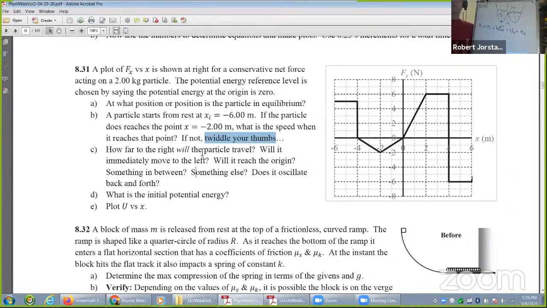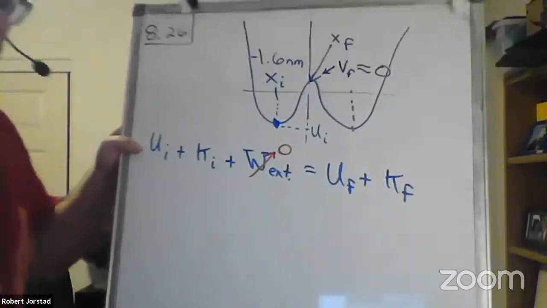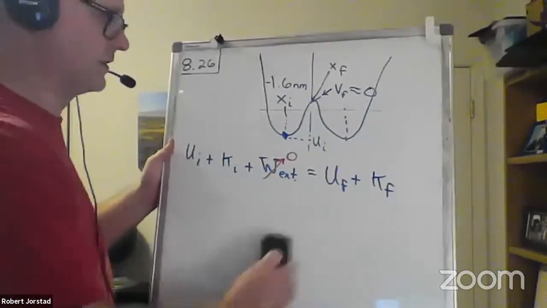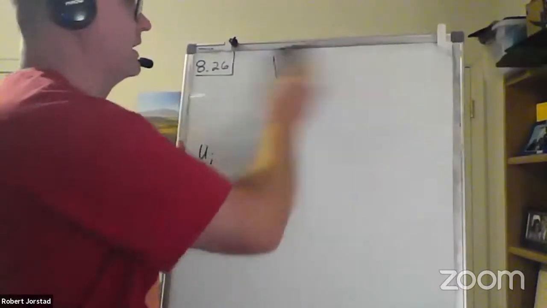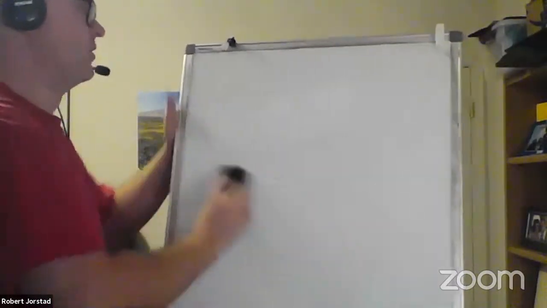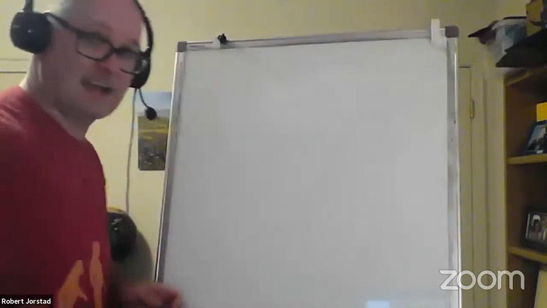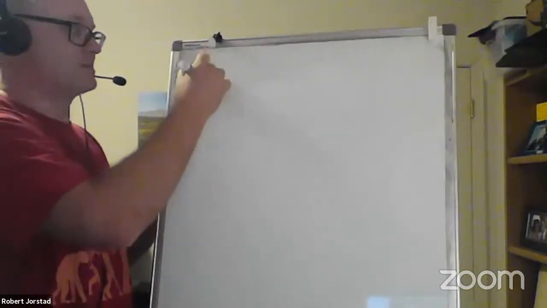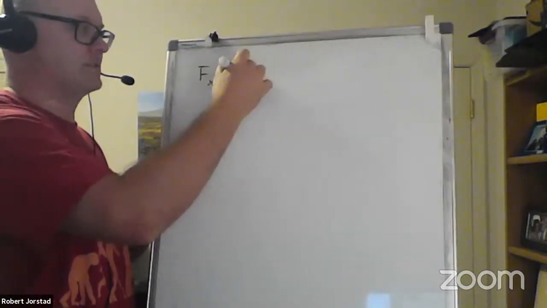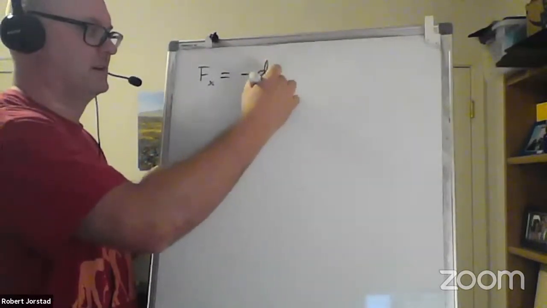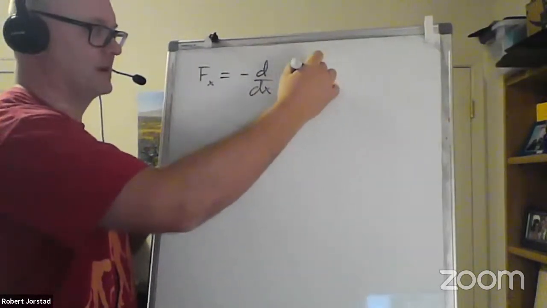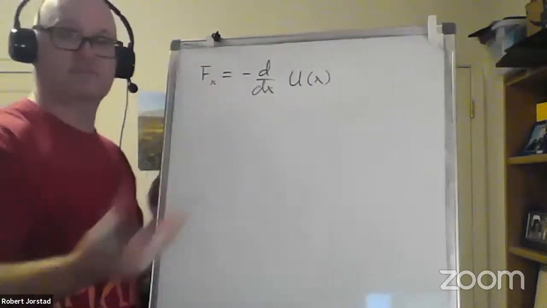All right, so we've seen a number of these different questions. Before we take our break here, let's go over a few things. What have we learned in this chapter? We've seen that there's a couple of different styles here. There's the problems where we say F sub x is equal to minus the derivative of U of x, negative the slope.